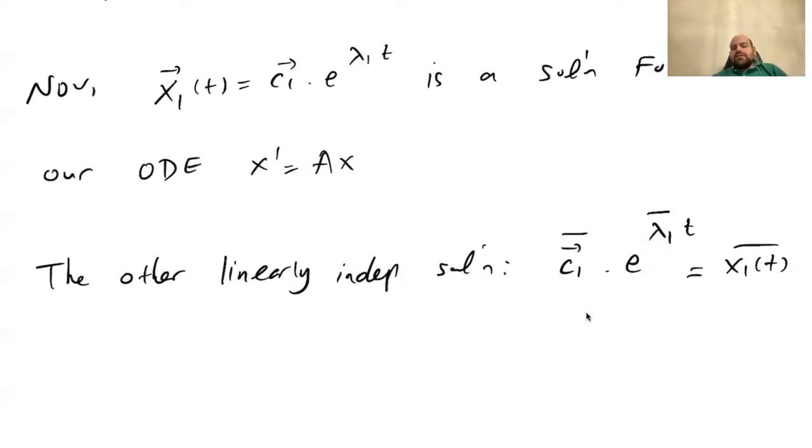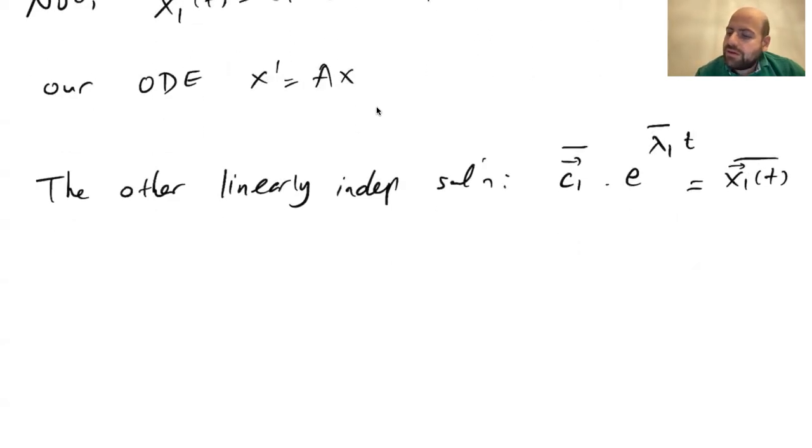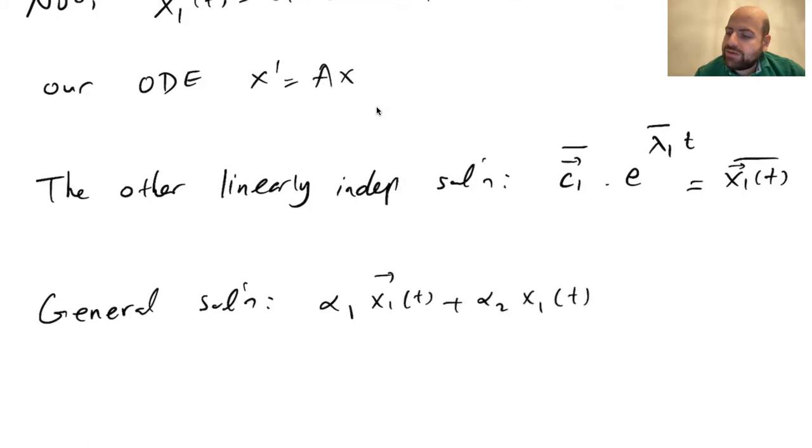So what will be the general solution then? The general solution will be some alpha 1 times X1 of t plus some alpha 2 times X2 of t, which is the same as X1 of t bar.